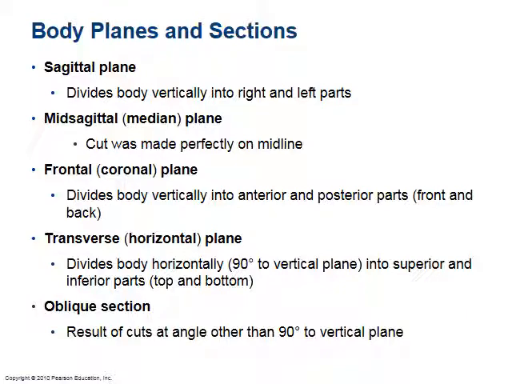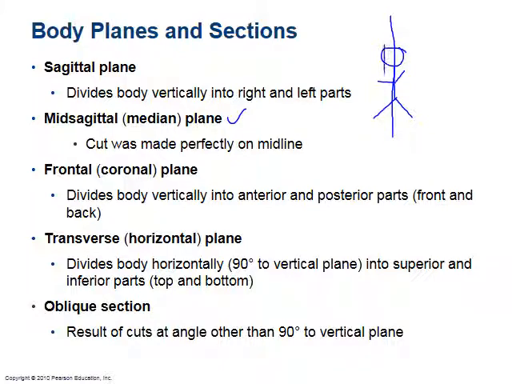So the sagittal plane divides the body into vertical, left, and right. So if I have my little person here, and we have some better examples than this, if I cut right down the middle, that's a sagittal cut. It is also called a mid-sagittal. So mid-sagittal will be right down the middle.